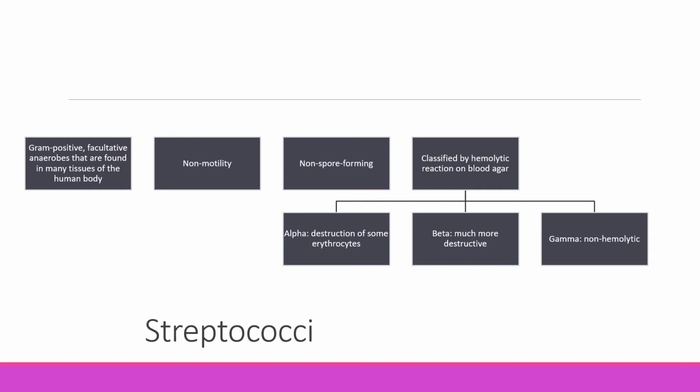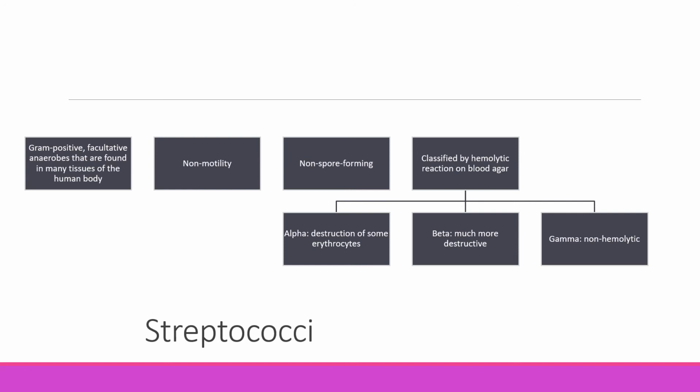Now they're divided into broad classes based on their ability to lyse red blood cells, so their hemolytic properties. We also look at their morphology and their biochemical reactions. They're classified into three broad groups, including alpha, beta, and gamma.